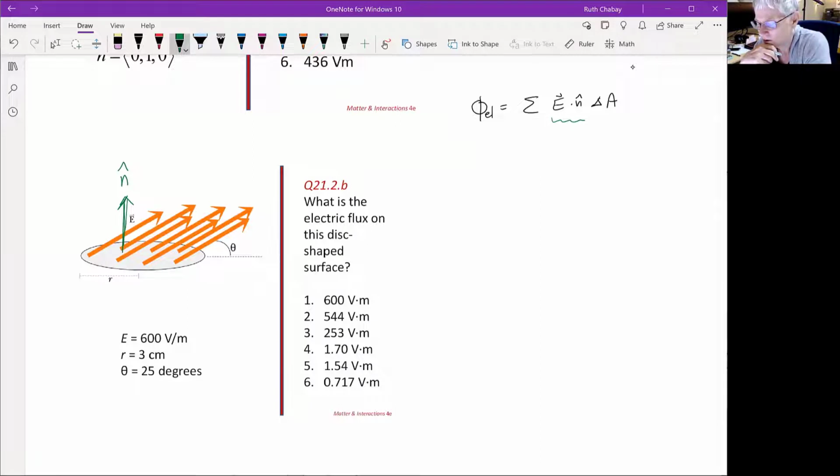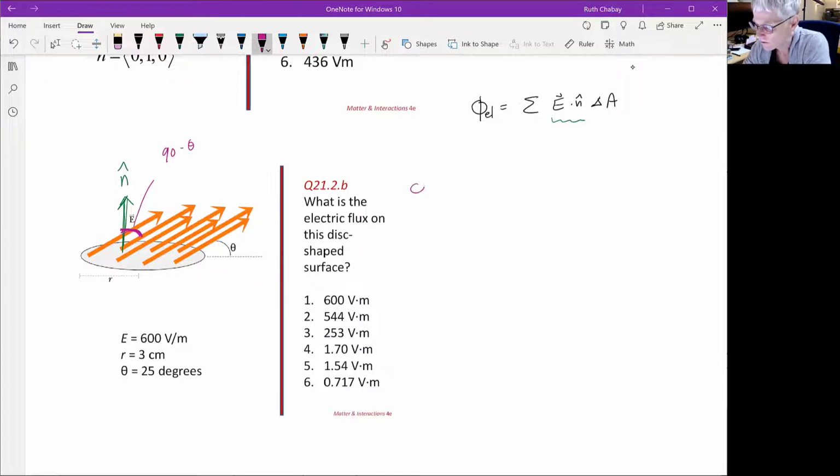This angle theta that we've been given here is not the angle we need. The angle we need is this angle, which is going to be 90 minus theta, the way theta was specified here, right?